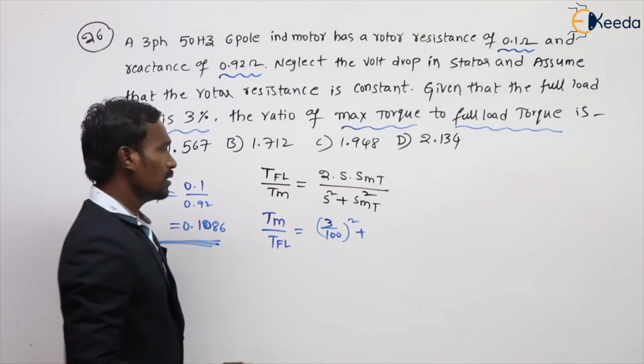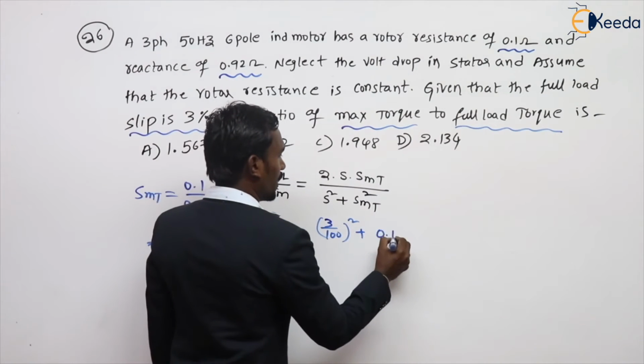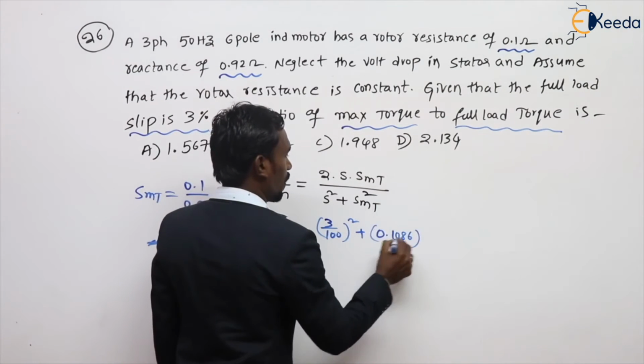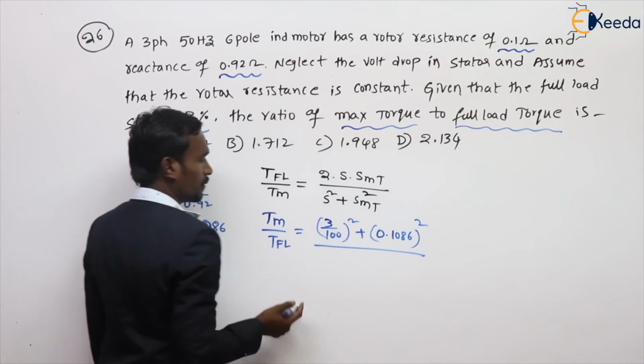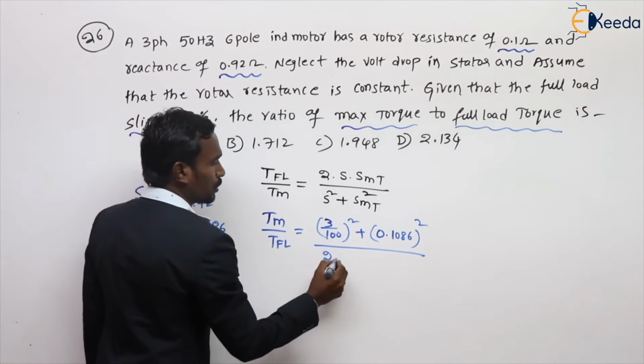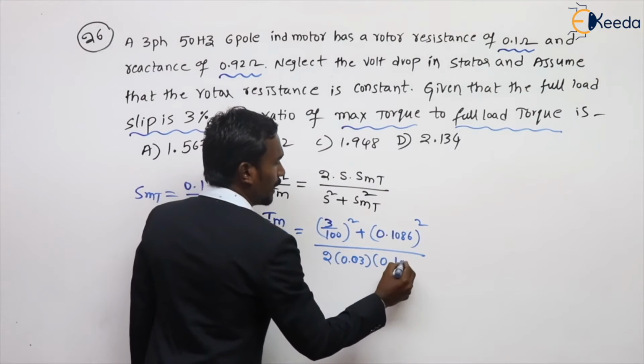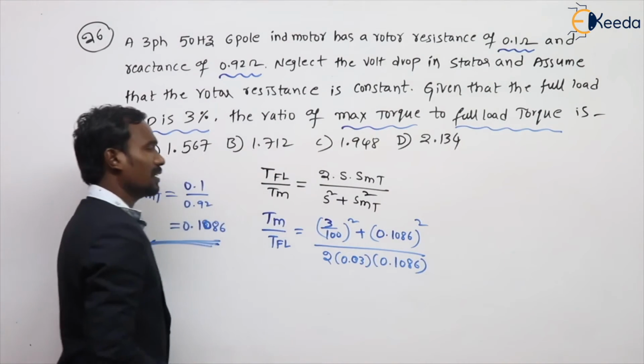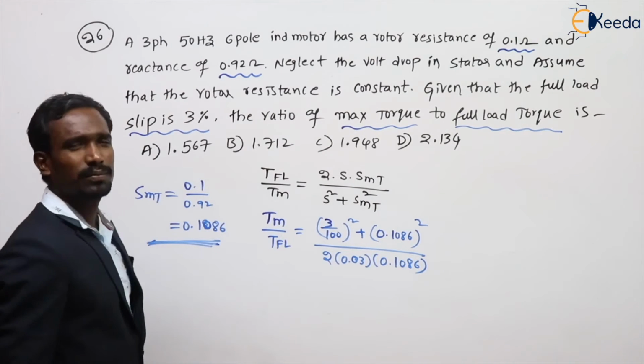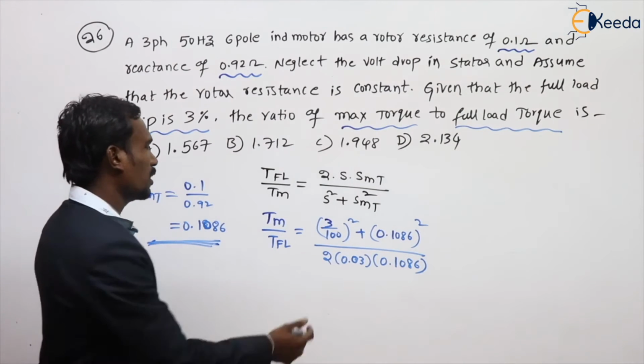So the ratio is (0.03 square plus 0.1086 square) upon (2 into 0.03 into 0.1086). Solve them, calculate them, and give me the answer.